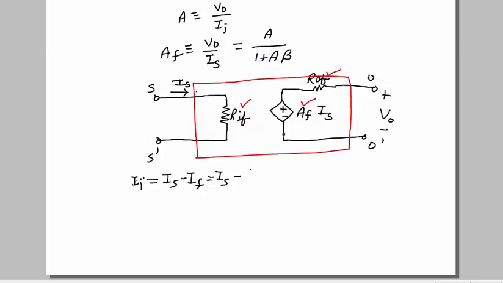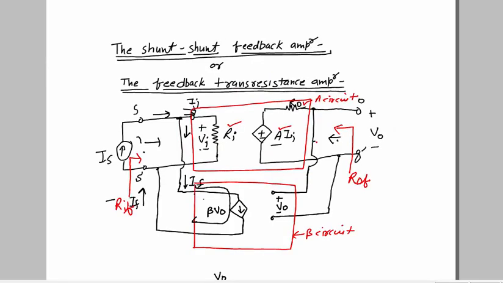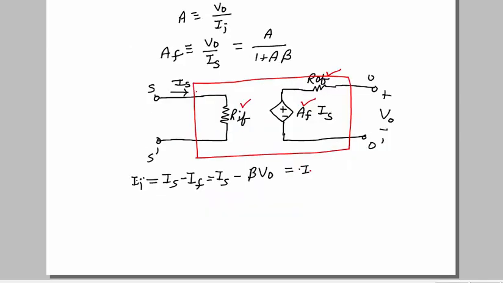So I can write Is minus beta V0. Again, what is V0 here? V0 is A Ii, so we can write Is minus beta A Ii. From here if I take this Ii to the left hand side and then take Ii common, what will we get here?